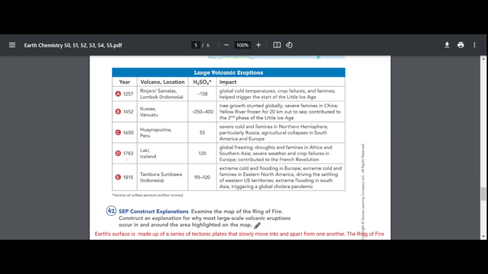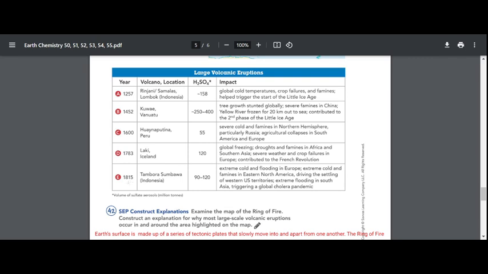Okay, and in 1783, a volcano in Laki, Iceland erupted, and that led to global freezing, droughts, and famines in Africa and southern Asia. Severe weather and crop failures in Europe contributed to the French Revolution.